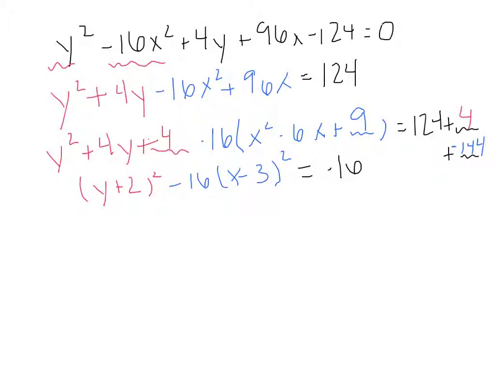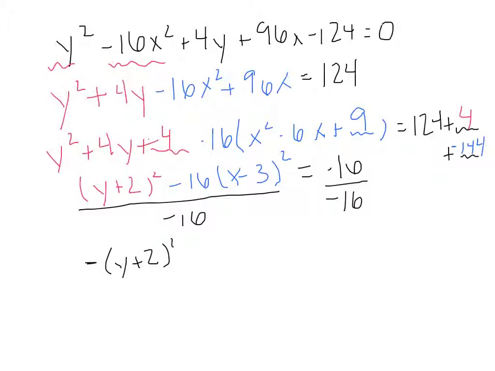So now to get it into graphing form, we need equals 1, which means we're going to need to divide the right-hand side by negative 16, which means we also have to divide the left-hand side by negative 16. So now we're going to end up with negative (y plus 2) squared over 16 plus (x minus 3) squared over 1 equals 1.